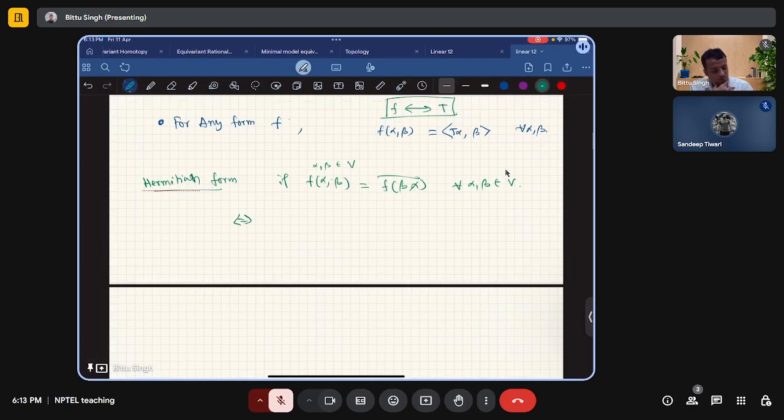So this is a Hermitian form, and the interesting fact is that this form corresponds to some linear transformation T, right? So f of alpha beta equal to f of beta alpha for all alpha, beta is equivalent to saying T equal to T star. It is also very easy to check.